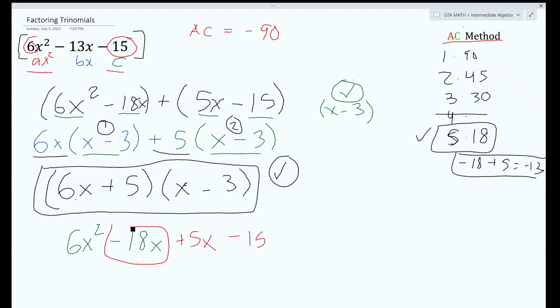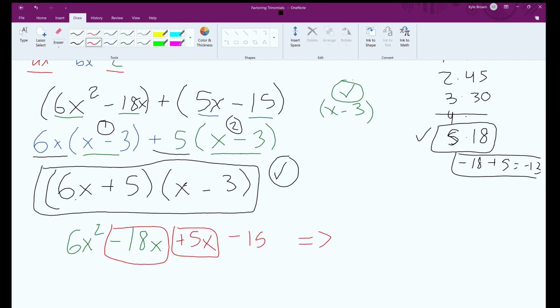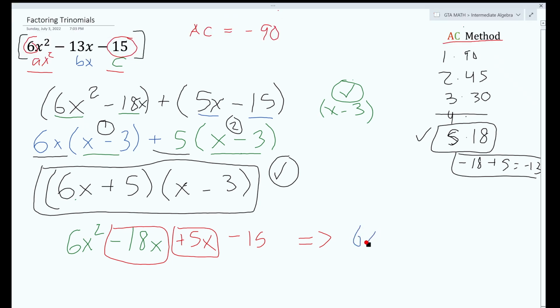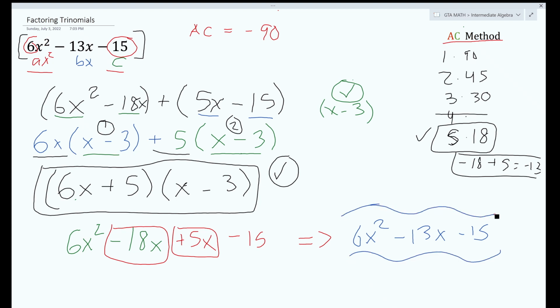If we combine these like terms, we're going to end up with 6x squared minus 13x minus 15. This is the original.